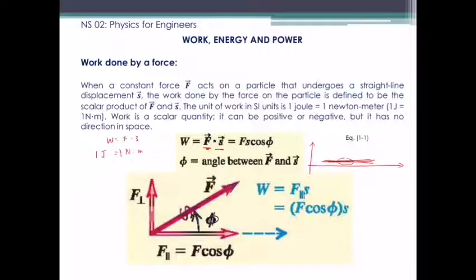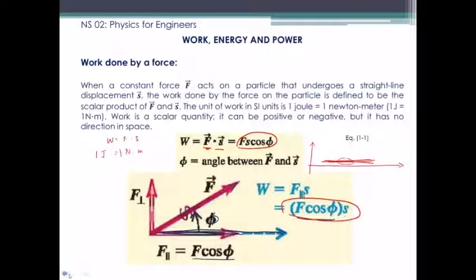So we will get the component of F along our displacement. So that is F cosine phi. Our component of F that is parallel to the displacement is F cosine phi. So that is F cosine phi then times the displacement S, or that is F s cosine phi. The component of F that is parallel to the displacement then times the displacement itself.